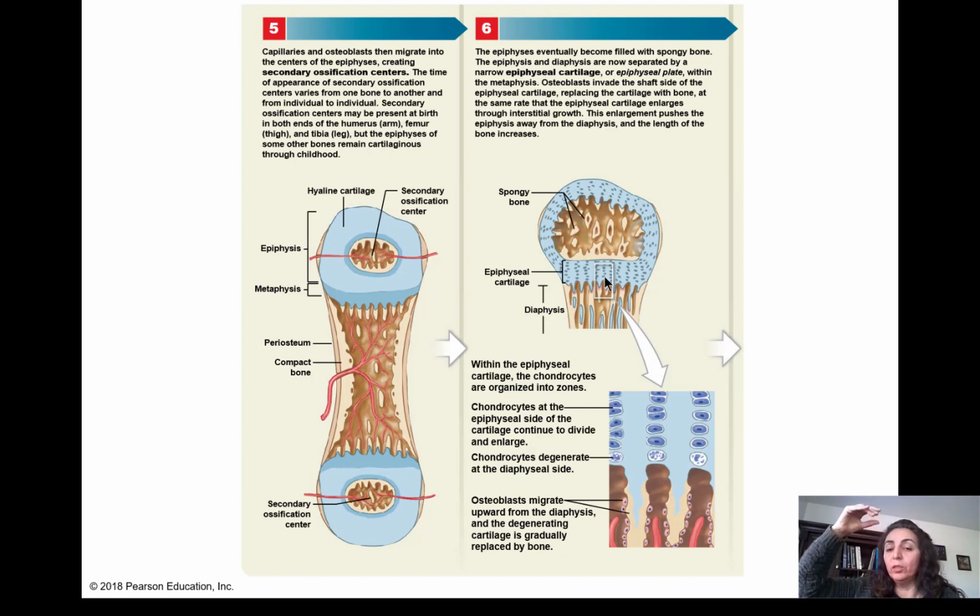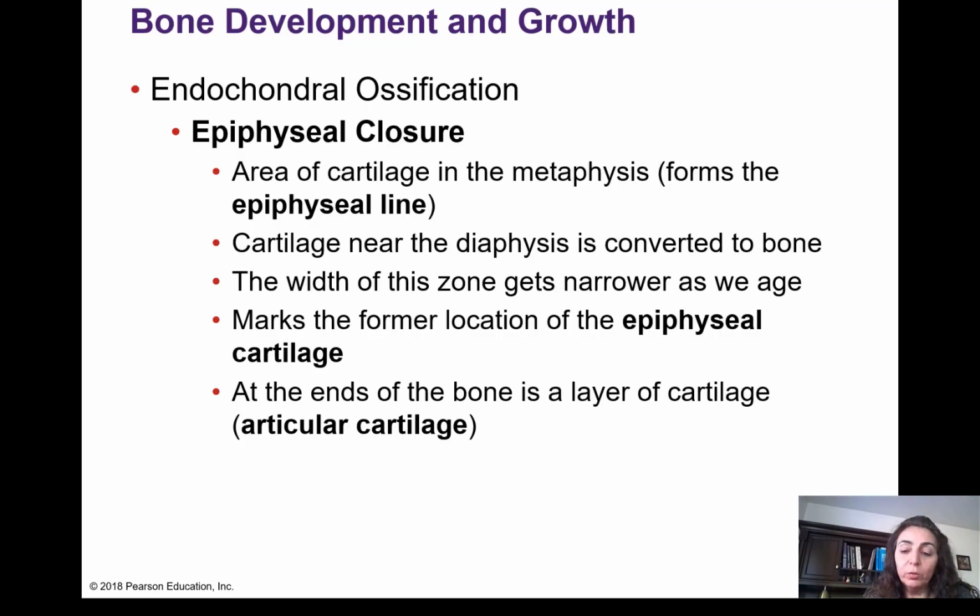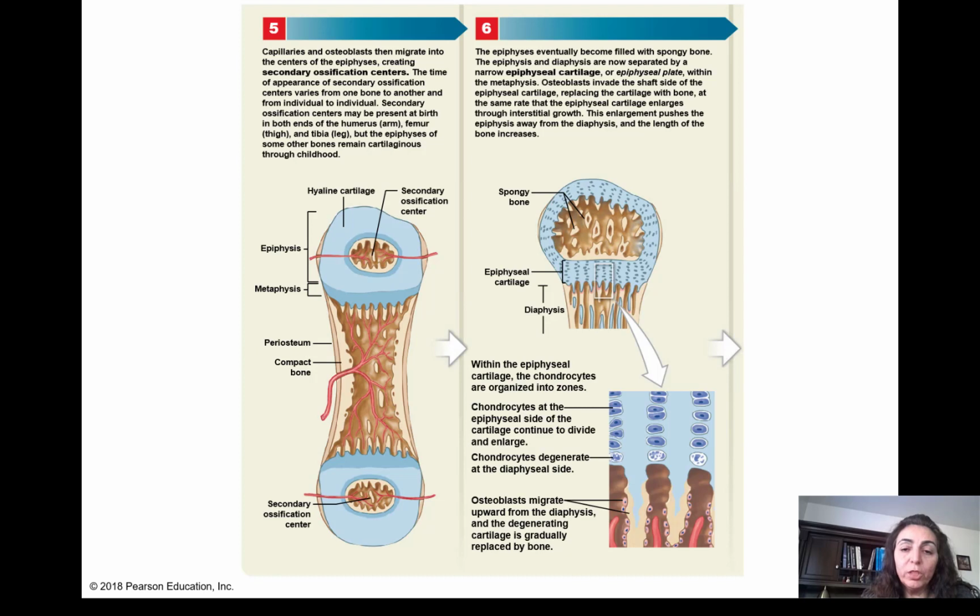The bone gets longer and longer and longer, but the whole thickness of this cartilage part remains the same until it gets close to the end of the growth of the long bone.